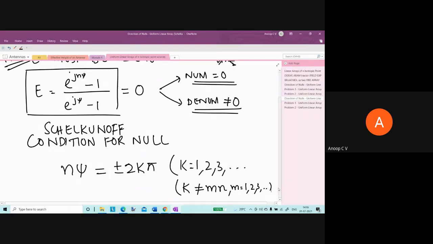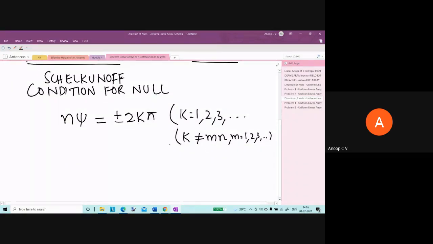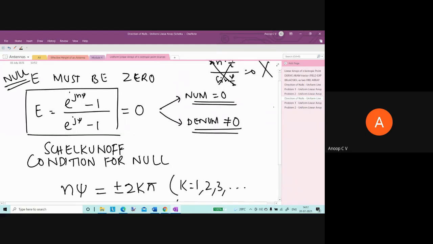The meaning of the second condition is very simple, right? This means k should not be an integer multiple of n. What will happen if k is an integer multiple of n? k will be equal to m times n, so 2 times m n times pi, which is an integer multiple of 2 pi. Then both numerator and denominator will be equal to 0.